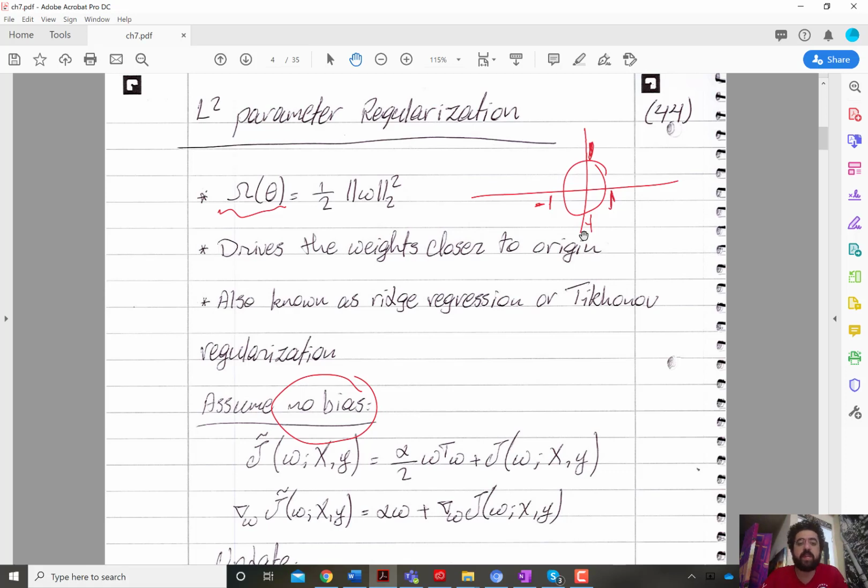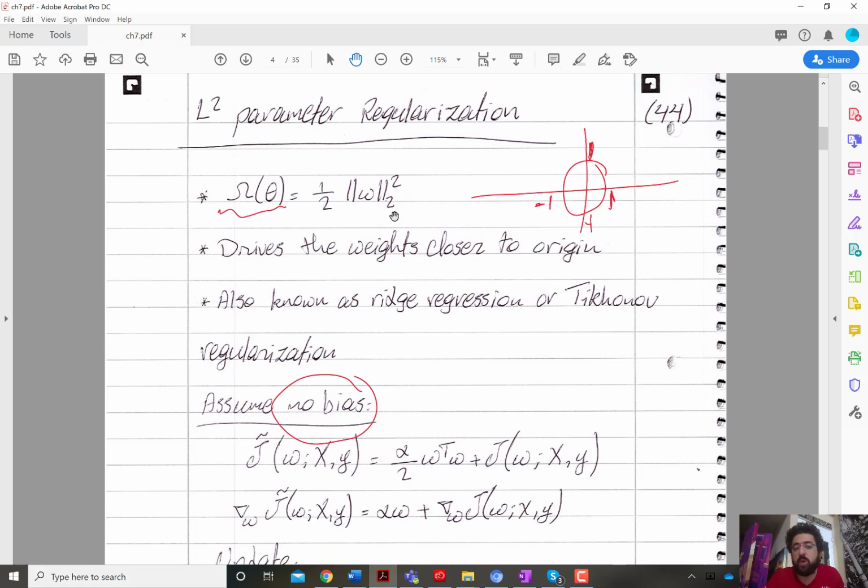So this is trying to minimize the radius of that ball around the origin, and within that ball are the weights that you should have. This is a norm penalty, not an explicit constraint. You're adding a penalty to the cost function corresponding to the radius of that ball. If your weights lie on a big ball, you have a high regularization cost; if it's a small one, you have a small regularization cost.